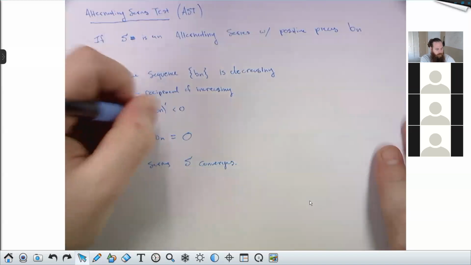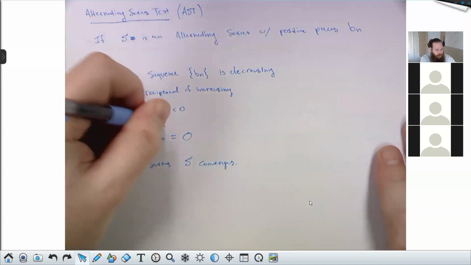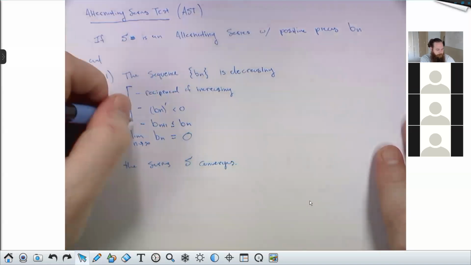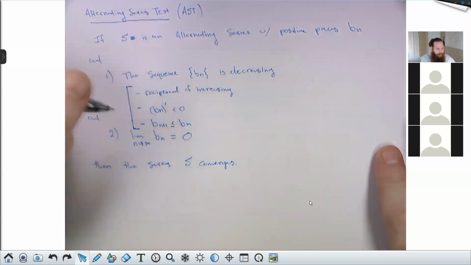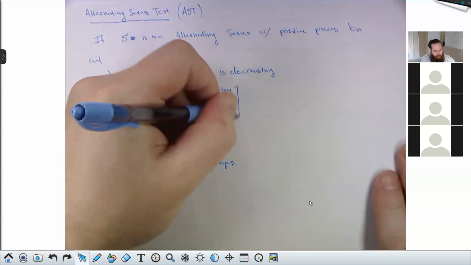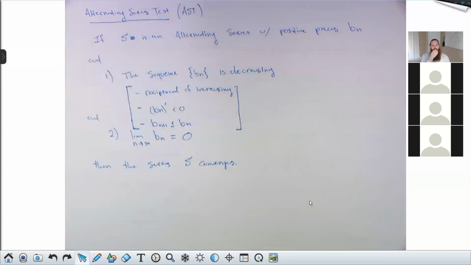And the third option here is to show that Bn plus 1 is always less than or equal to Bn. Any one of these things will prove that the Bn's are decreasing, and you have to pick one of them.